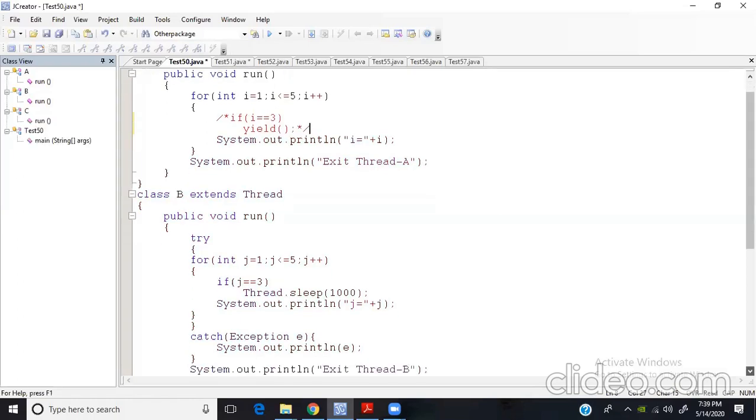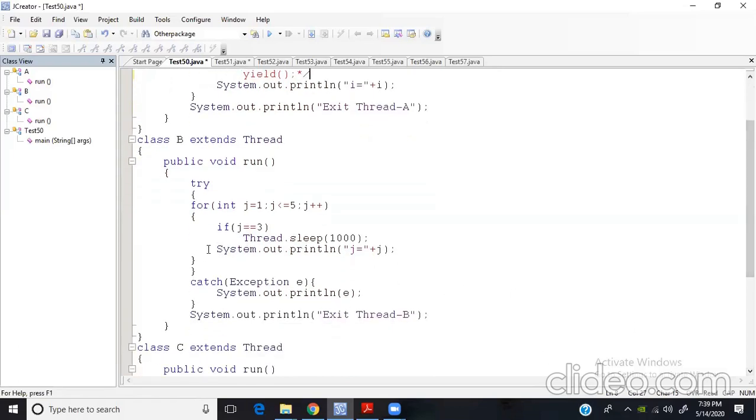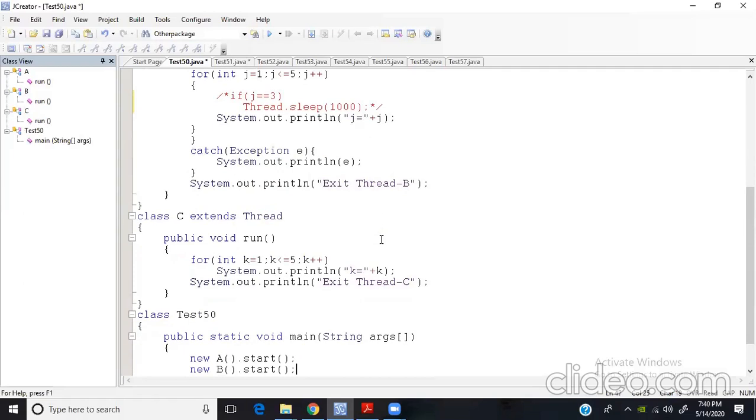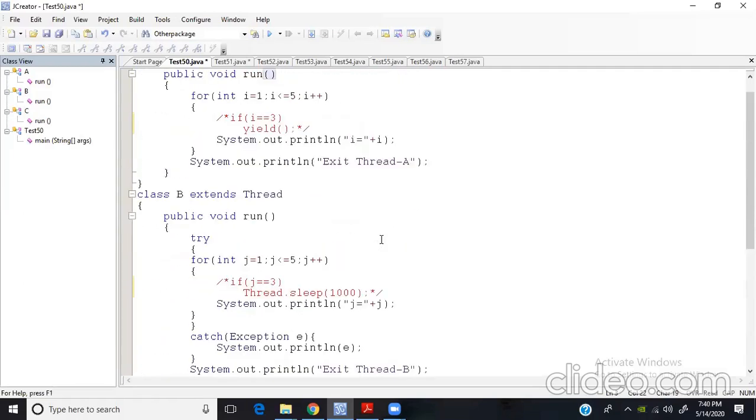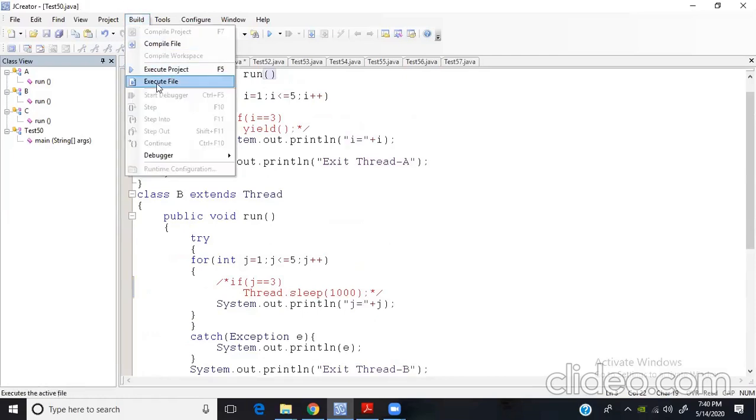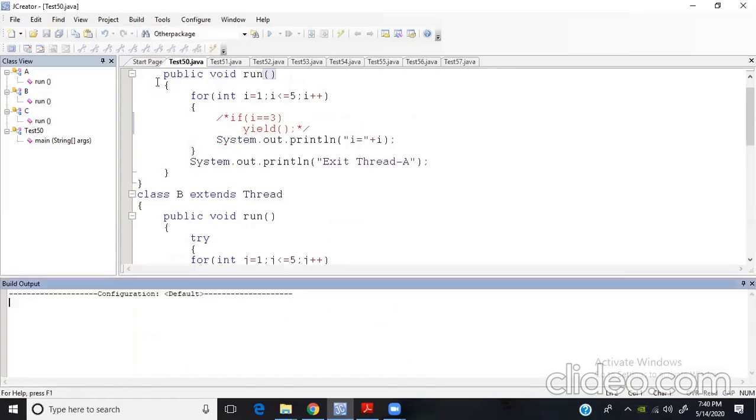In the second thread, I introduced a sleep method. Try to understand, I introduced a sleep method over here. That part I commented. And no more changes I have done to the last program. So if you execute the program, you will get the output as previous, rather as the last lecture that I showed you.